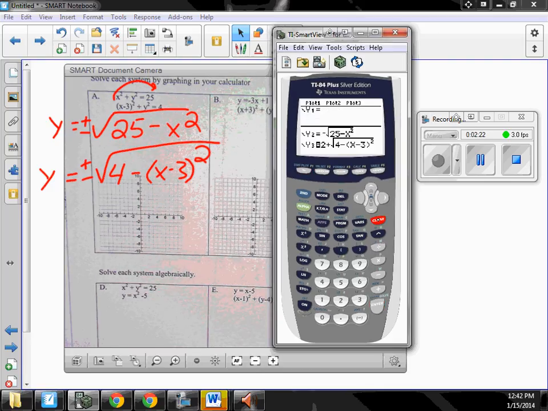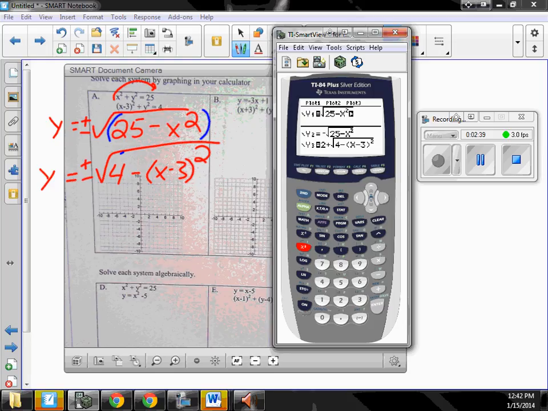So square root of 25 minus x squared. And if you have the old system on your calculator, it will put one parenthesis there, and you need to put another one at the end. Mine, everything is underneath the square root. And on the other one, you'll also have to put parentheses around it.